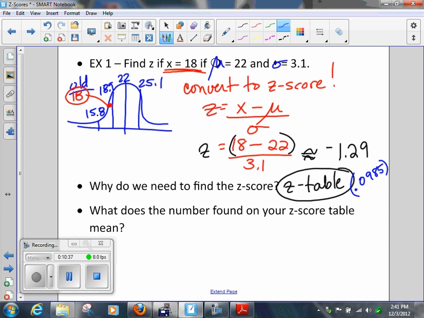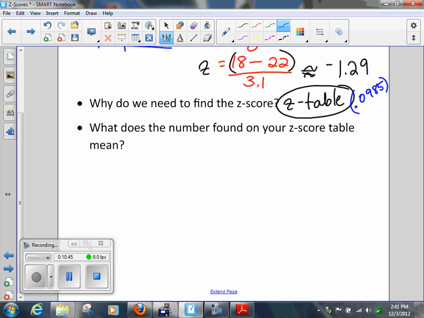Now pause and help each other to find this value. Now, what does the number on the table mean?